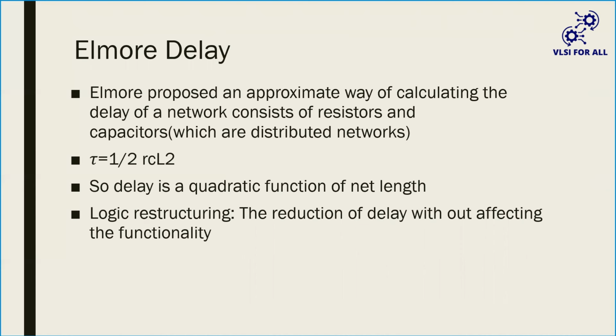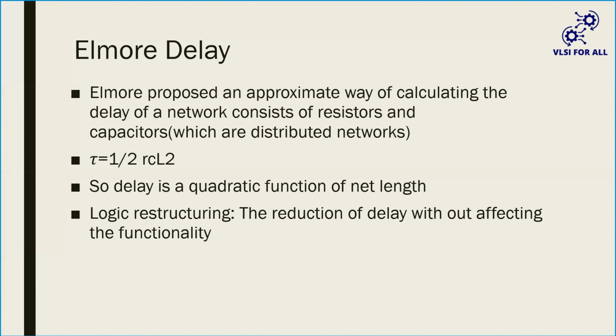If your net length is larger, there will be more delay. If you reduce the net length by half, for example, then the net delay reduces by 1 by 4 times. So there is an enormous reduction in the net delay when you reduce the net length.